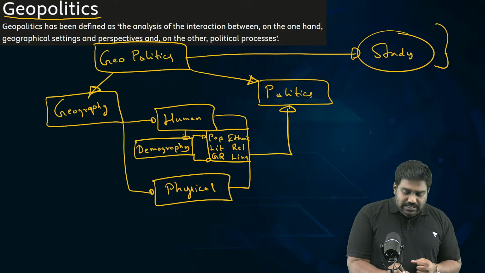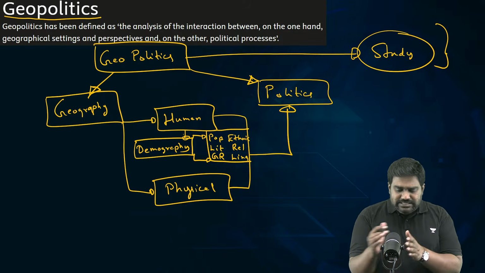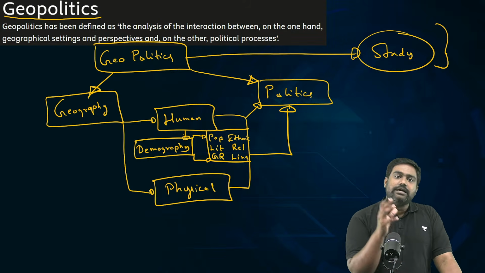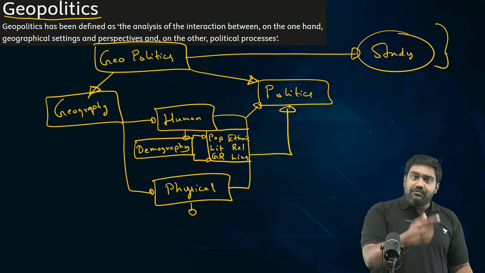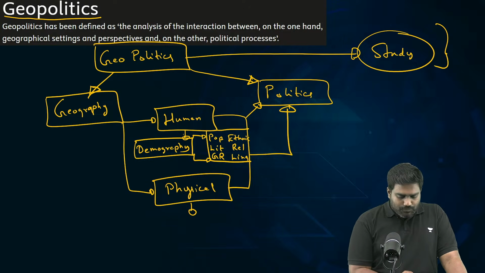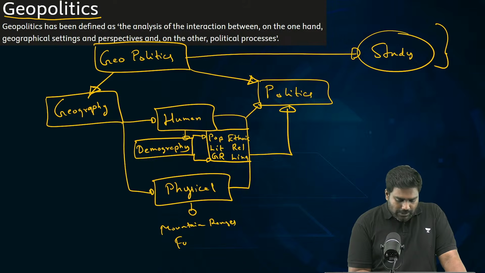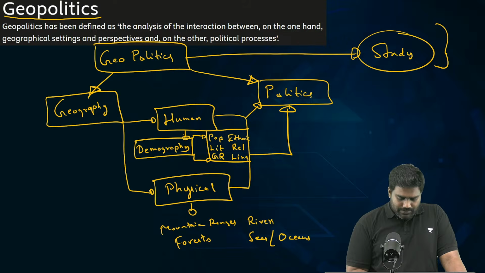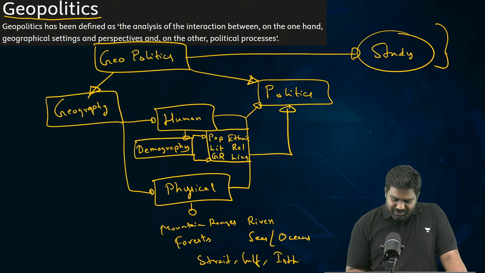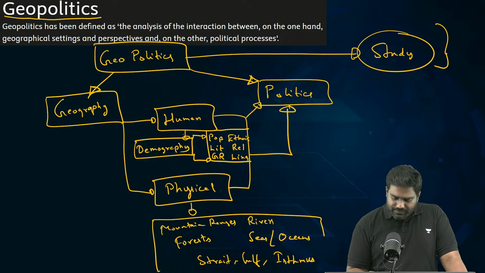Understood? So, studying the human geography of a country, understanding its linkages with the politics of that country, is the study of geopolitics. Same with physical geography. The physical geographical features of a nation could be the mountain ranges which are present, the forests, the rivers, the seas and the oceans to which a country is connected, the straits, gulf, or the isthmus which is present in a country or around a country.